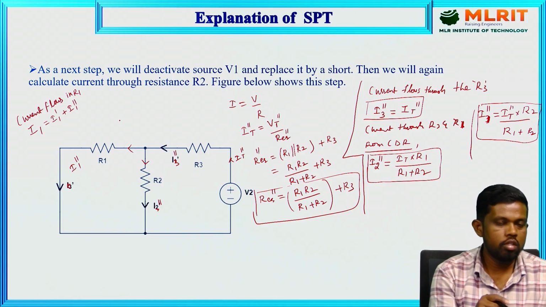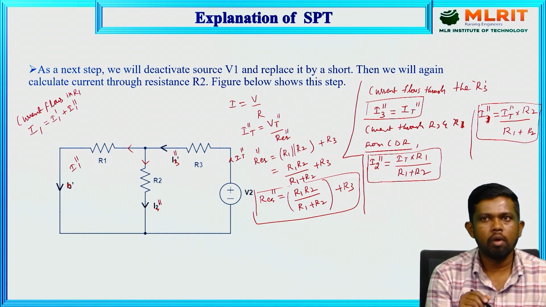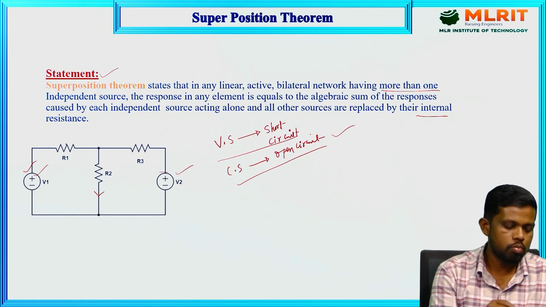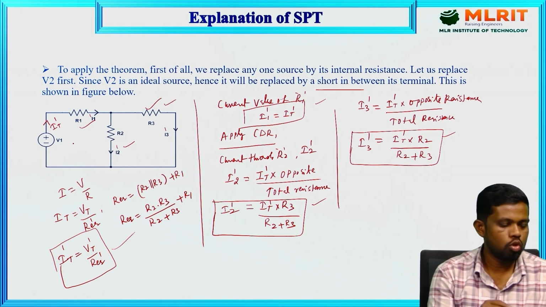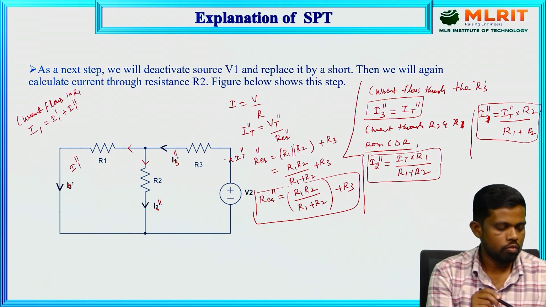The theorem says that the response of any element equals the algebraic sum of the responses given by the individual sources. So the response of this element is the response given by V1 plus the response given by V2. The summation of those two is the overall response of the first element.